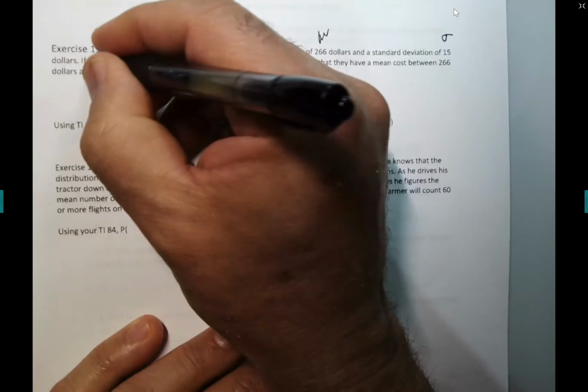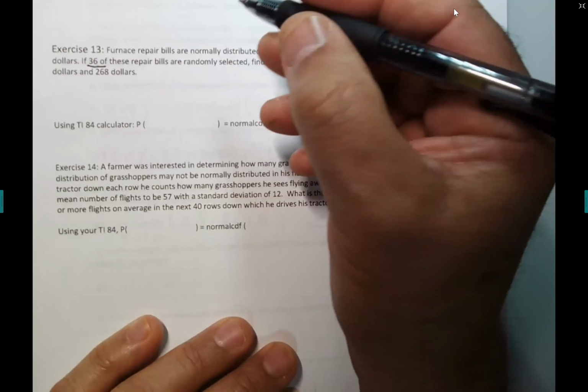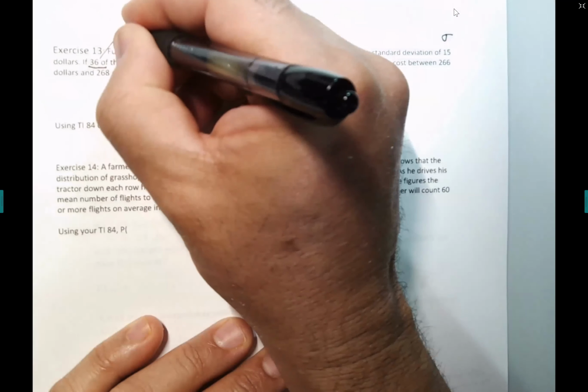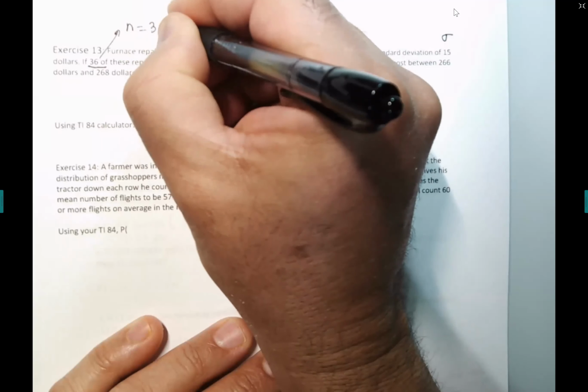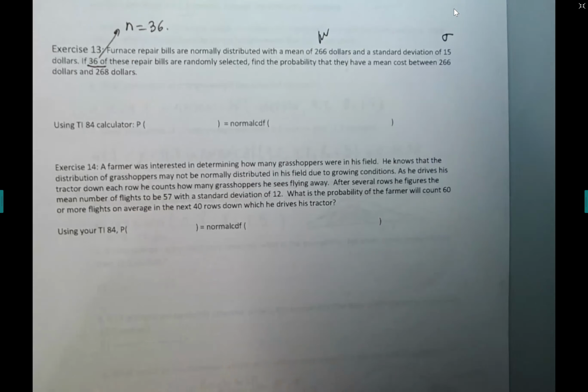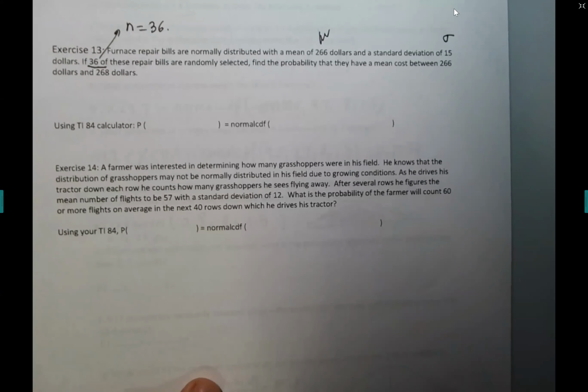If 36 of these repair bills are randomly selected, so n is 36, guys. Please pay attention to this question. This is the application of section 5.4. What's the probability that they have a mean cost between $266 and $268?